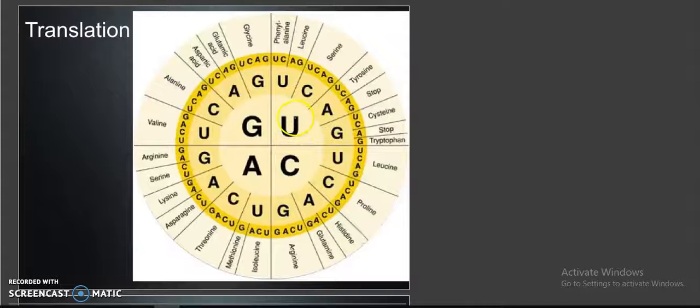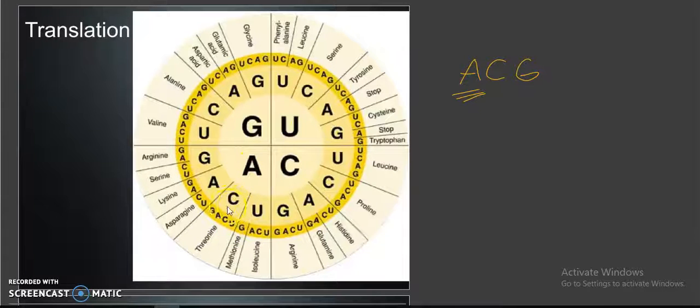Example, if you have A, C, and G, the first letter A is here, the second code is C, and the last code is G. So it's either ACG, ACA, ACC, or ACU: adenine, cytosine, and guanine. This codes for a protein called threonine.